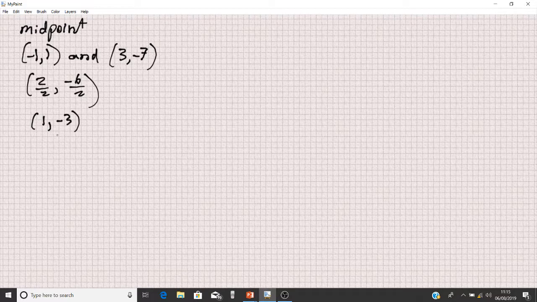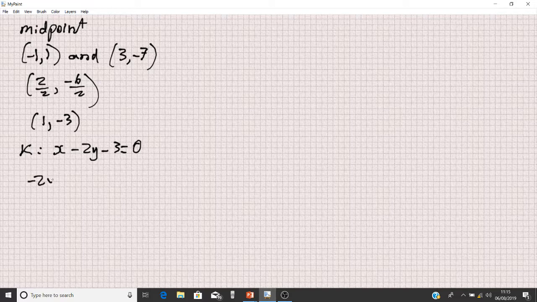And we're told that line L is perpendicular to line K. So line K is given by x minus 2y minus 3 equals 0. So like in the last example, we need to rearrange K to find its slope.